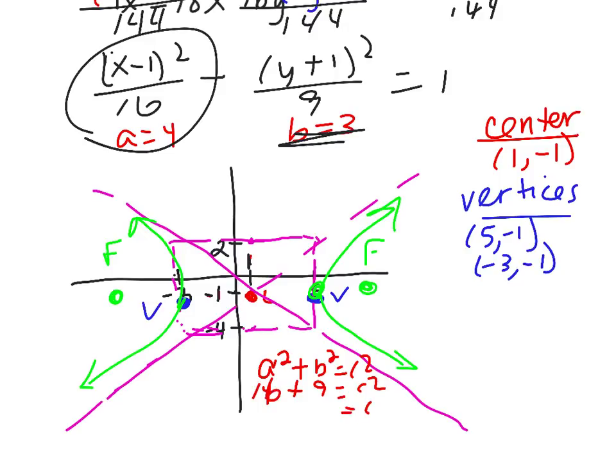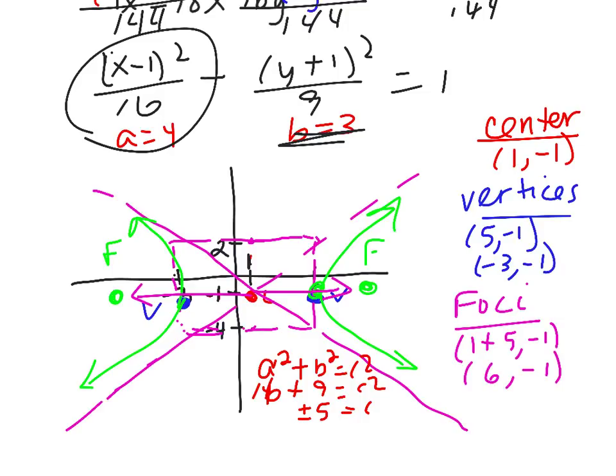So I get c is equal to the square root of 25, which is plus or minus 5. So we're going to go to the right 5 and to the left 5. Since I'm going left and right, I'm going to change my 1. So it's going to be 1 plus 5, negative 1, so that's 6, negative 1. And 1 minus 5, negative 1, which is negative 4, negative 1.